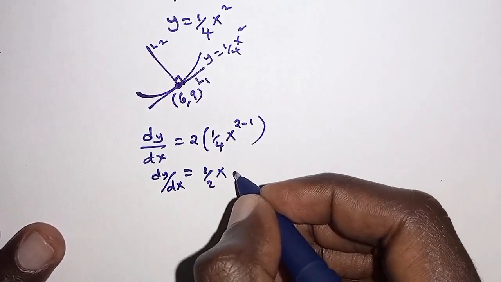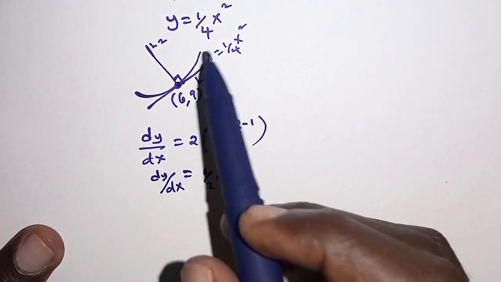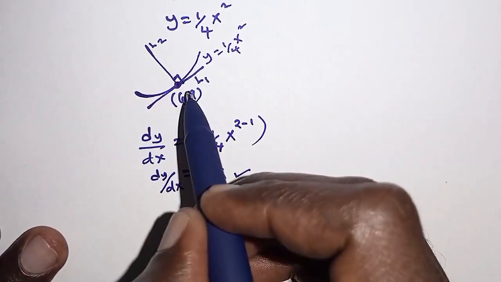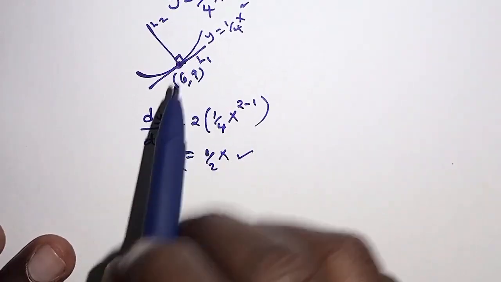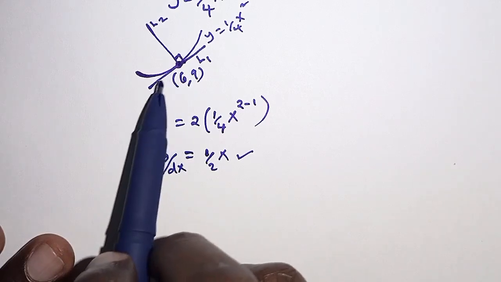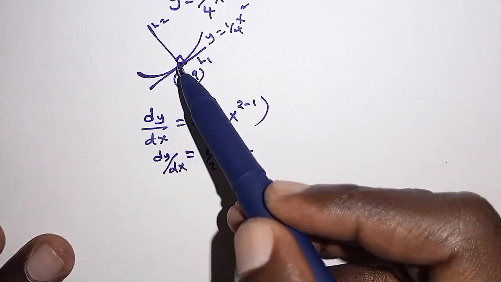Now this is the gradient function. So we can use the gradient function to determine the gradient of the curve at any point. A point has been specified for us here, that is point (6, 9). So if we use the gradient function, that should correspond to the gradient of the tangent to the curve at that very point.